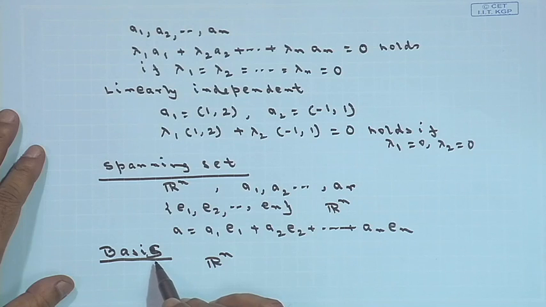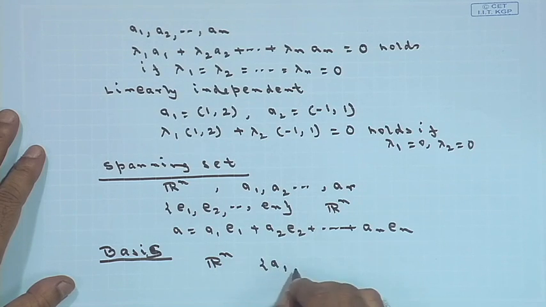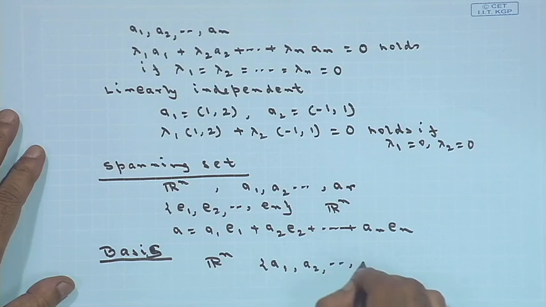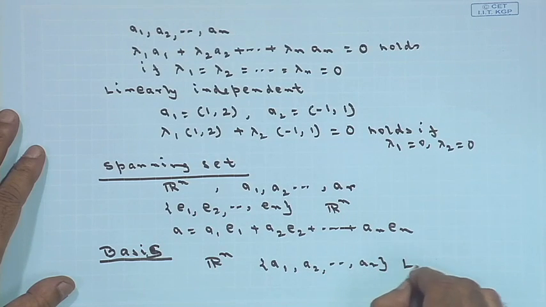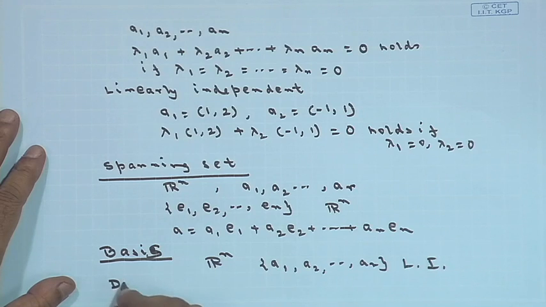So basically, a basis is nothing but a linearly independent set of n vectors a1, a2, ..., an which spans the entire vector space, and this we call the basis. And the dimension is the number of linearly independent vectors in the spanning set, known as the dimension of the basis.